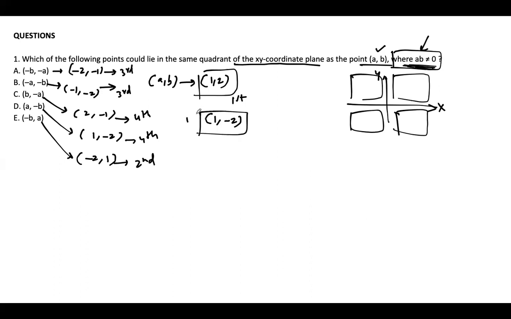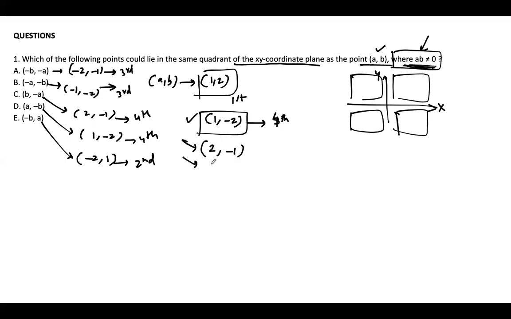Cool. Okay, rather than thinking much about it, let's take 1 comma -2, which is in the fourth quadrant. So option A will give -1, 2, 2 comma 1 or 2 comma -1, -2 comma -1.